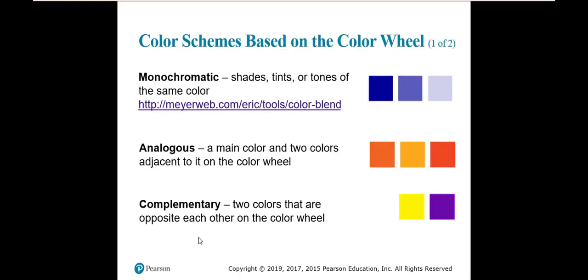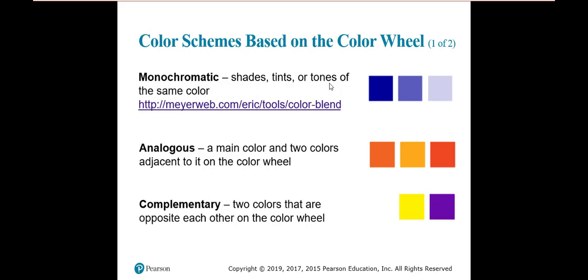So this is color theory. And now we're talking about the color scheme based on the color wheel, like how you're going to choose this. We are talking about shades, tints or tones of the same color. Modern monitors can display millions of colors. Feel free to choose a shade, tint or tone of a color. This figure shows four swatches: yellow, a shade of yellow, a tint of yellow and a tone of yellow.